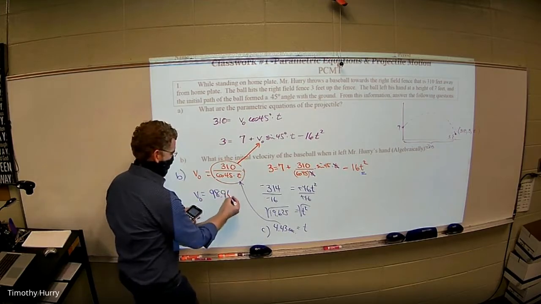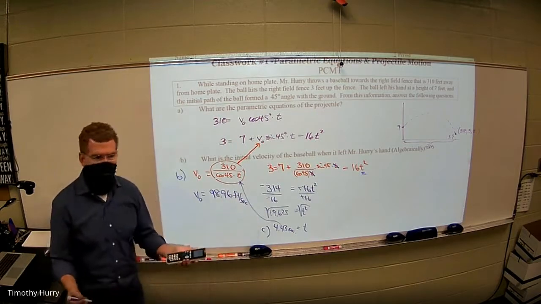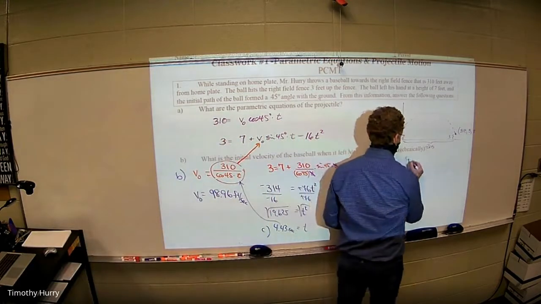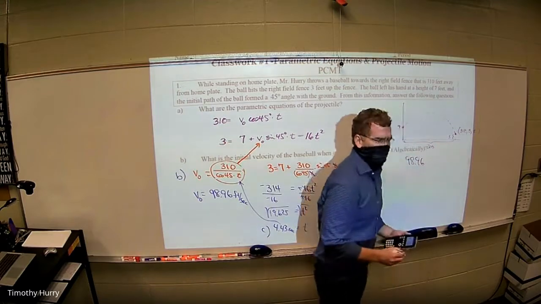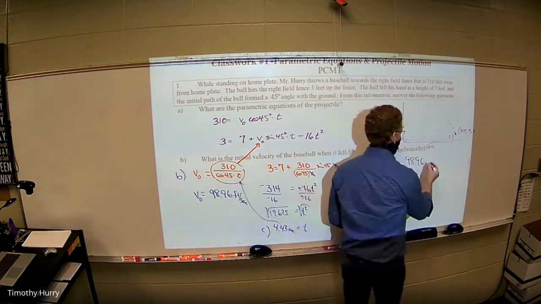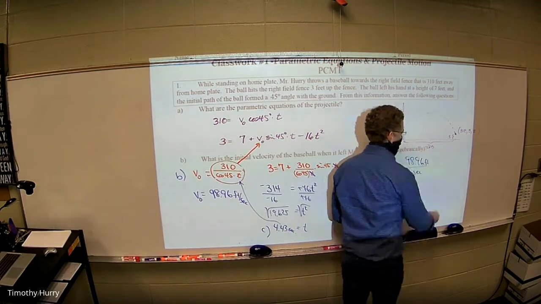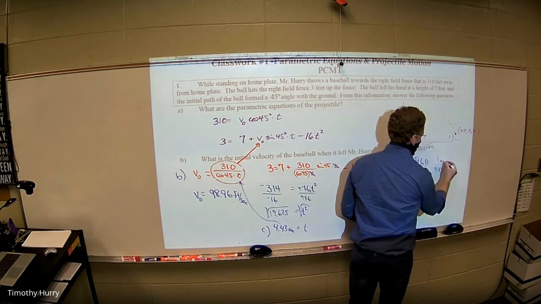For those of you who are like, man, you can't throw that fast. Remember, this is feet per second. So if you really were curious about the miles per hour, what do? Say it again. Do a little stoichiometry, right? So if this was feet per second, if you were curious, I would say, well, I know that 5,280 feet are in 1 mile.